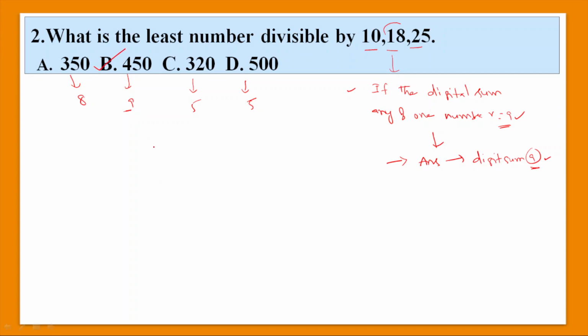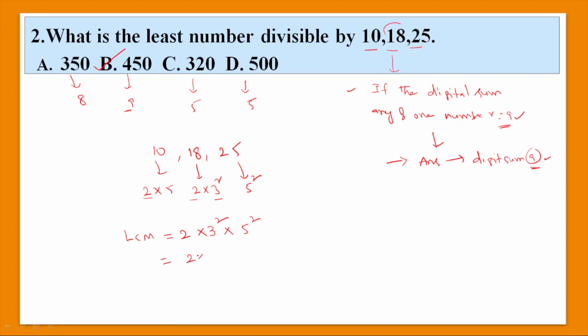Otherwise, you can also solve by using the prime factorization method. 10 can be written as 2 times 5, 18 can be written as 2 times 3 squared, and 25 can be written as 5 squared. For the LCM, the least common multiple, we take the highest powers: 2, 3 squared, and 5 squared.